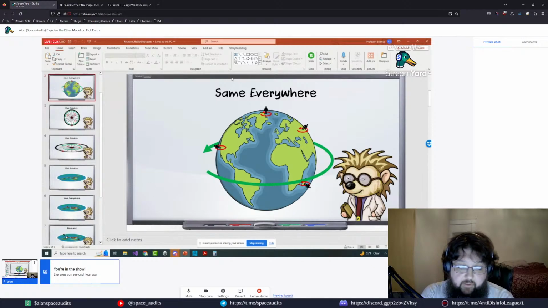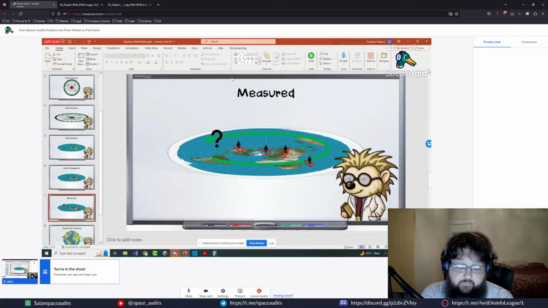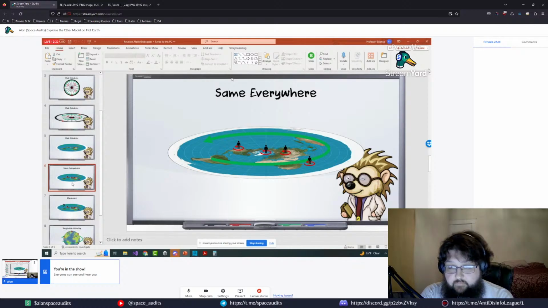Before we could do that here, we should get the same axis of rotation. So my conclusion is there must not be a single axis of rotation that is shared by the entire Earth. Is that right? Yeah, I disagree.